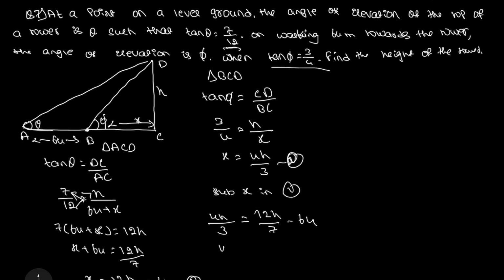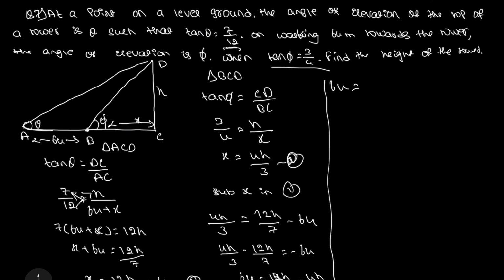Now get all variables on one side. 4h by 3 minus 12h by 7 is equal to minus 64, or else we can get it as 64 is equal to 12h by 7 minus 4h by 3. Now again, we have to take the LCM on the right-hand side. The LCM of 7 and 3 is 21. So we'll get 12 threes are 36h and 7 fours are 28h, over 21.